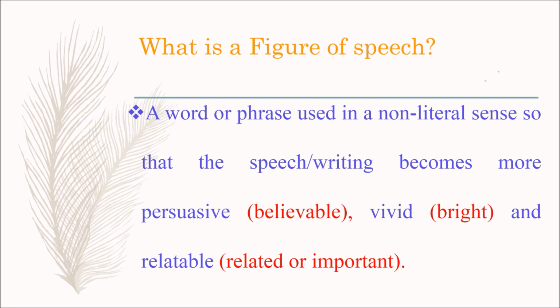Here persuasive means believable, vivid means bright, relatable means related or important. So, what is a figure of speech? A word or phrase used in a non-literal sense so that the speech or writing becomes more believable, bright and relatable, which means related or important.